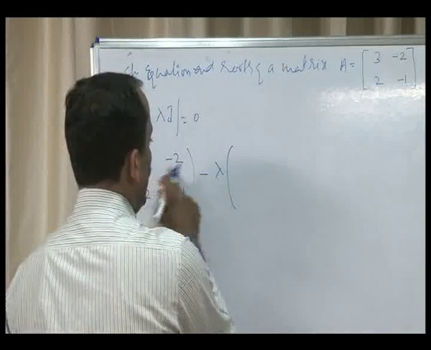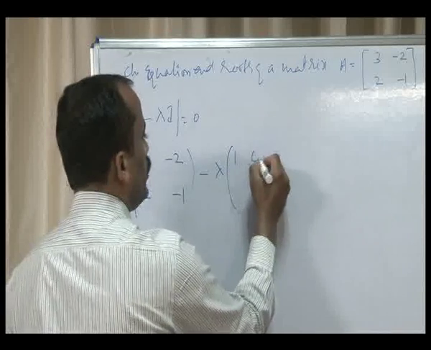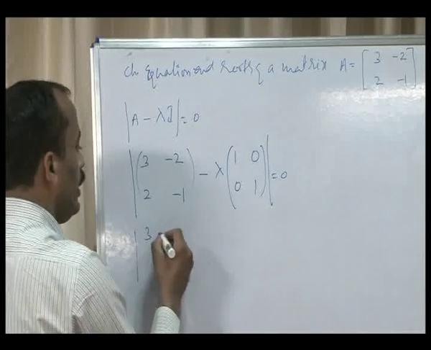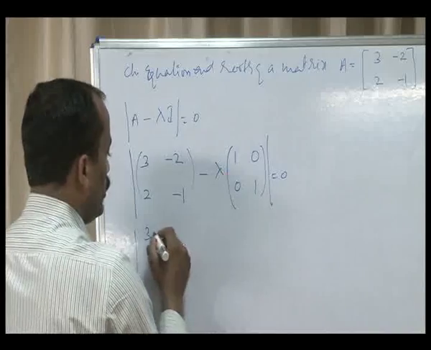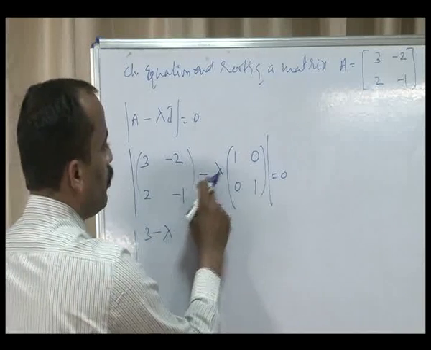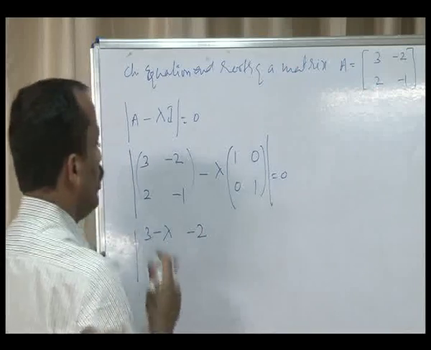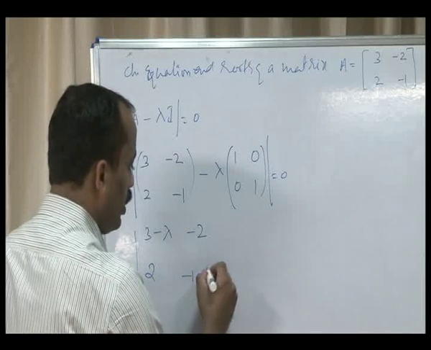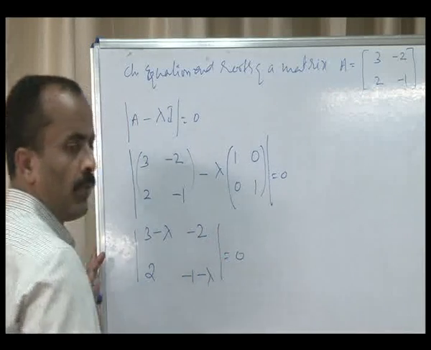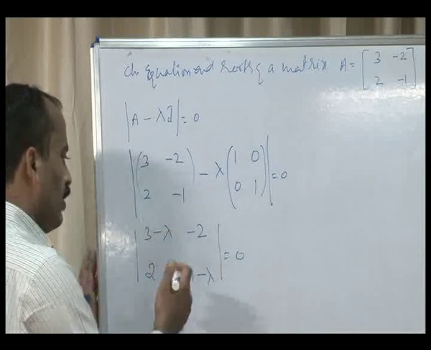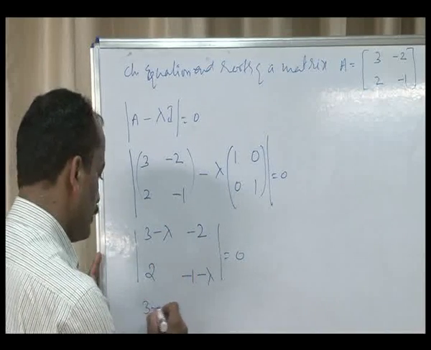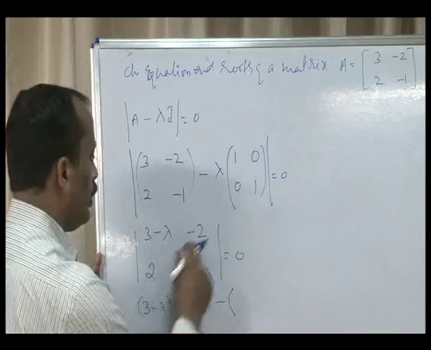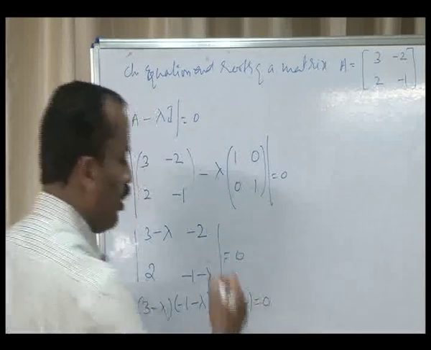Now, lambda into, since it is second order, or 2 cross 2, you write [1, 0; 0, 1], is equal to 0. It becomes 3 minus lambda into 1, that is 3 minus lambda, next minus 2 minus 0 is minus 2, 2 minus lambda into 0 is 2, minus 1 minus lambda into 1 is minus 1 minus lambda, is equal to 0. It is a determinant, no? You simplify: 3 minus lambda into minus 1 minus lambda, minus of 2 into minus 2 is minus 4, equal to 0.